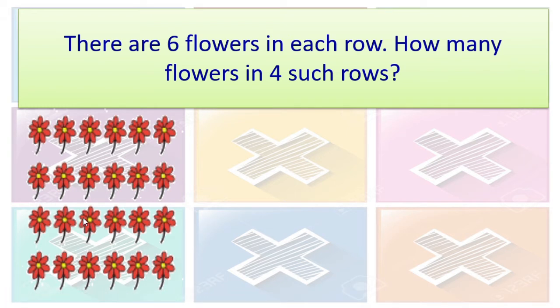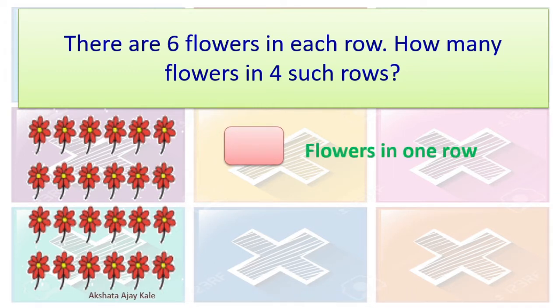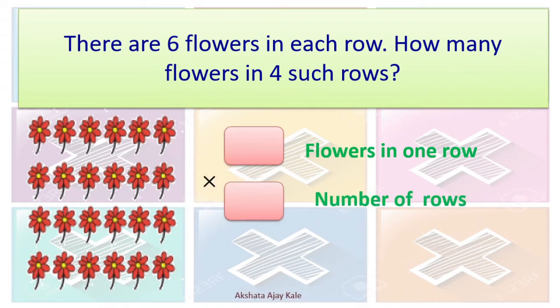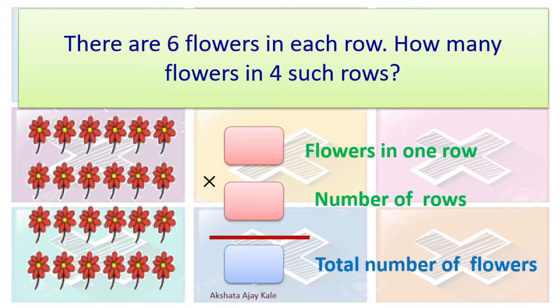Here by using multiplication we can say how many flowers there are in total. Here the step is: first, the number of flowers in one row multiplied by the number of rows, then we will get the answer, that is the total number of flowers, isn't it?